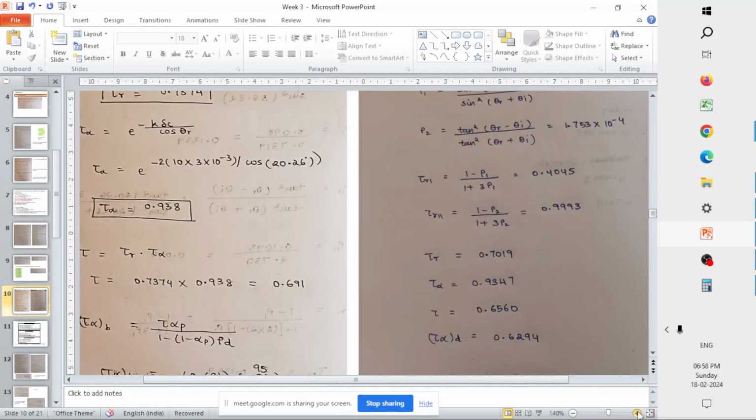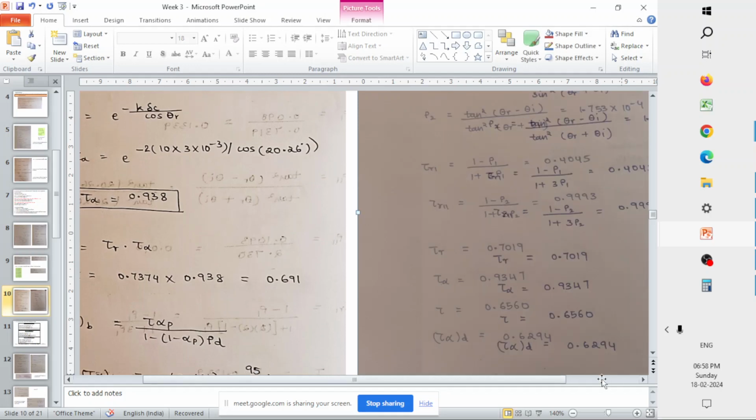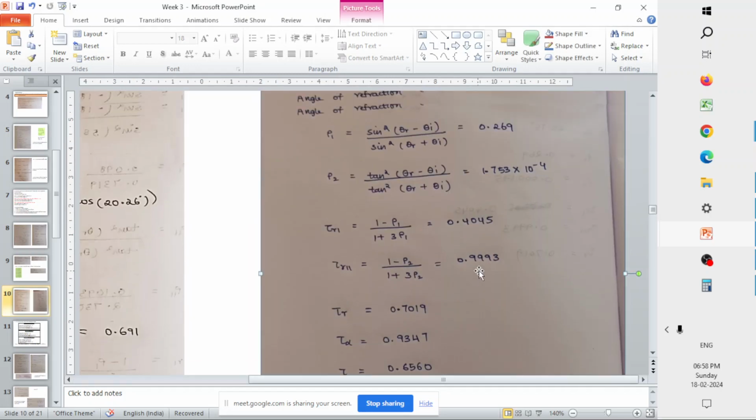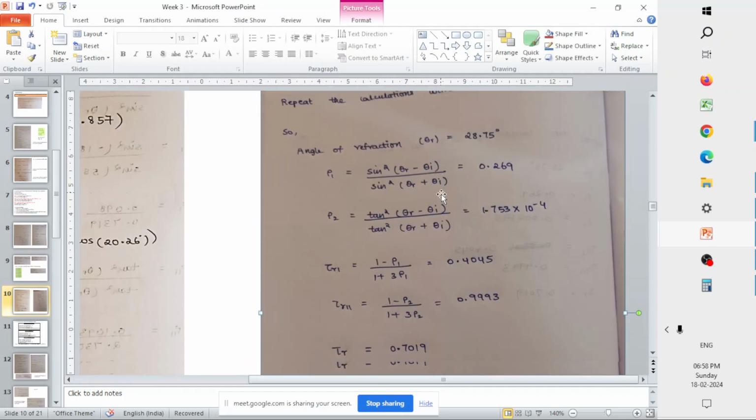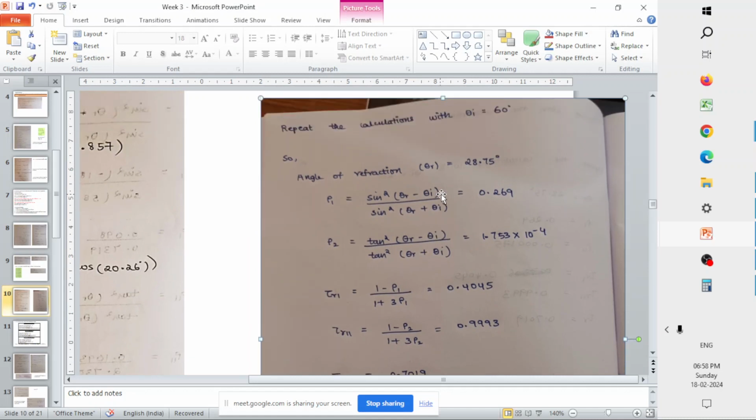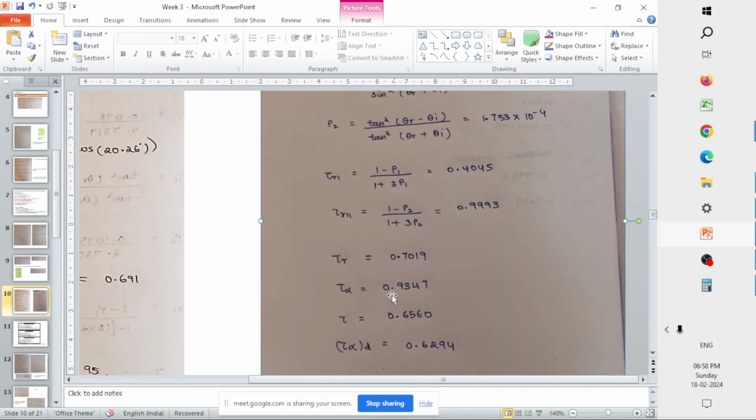We assumed the value of theta r as 60, theta i as 60, calculated the angle of refraction for that diffusive beam going through the glass cover, and then we calculated tau alpha d. But in case of your concentrating solar collector, it is only your beam radiation that you have to focus on.